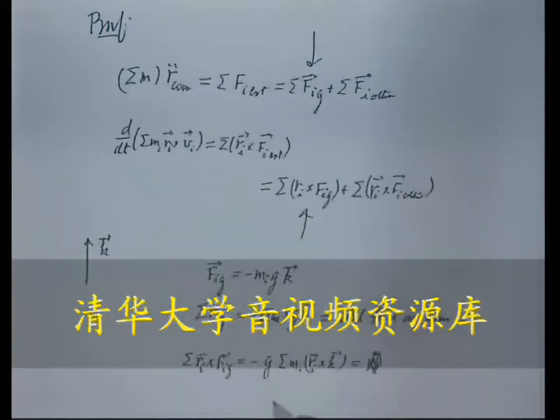But summation of mi Ri is equal to summation of m times R center of mass.